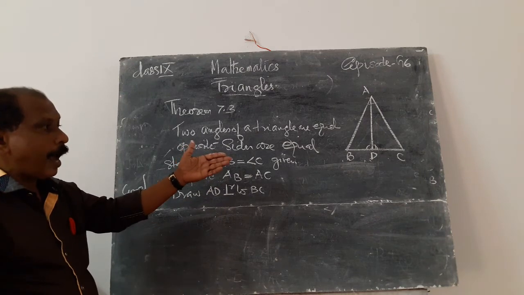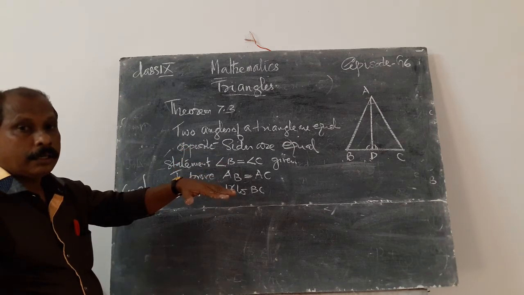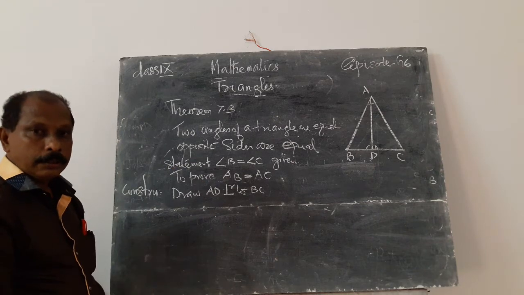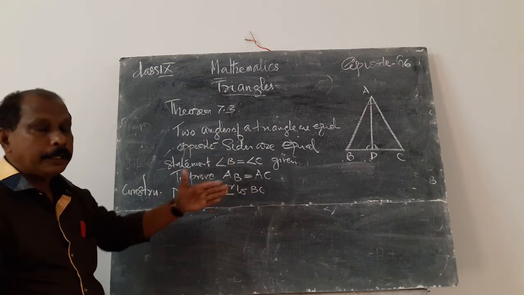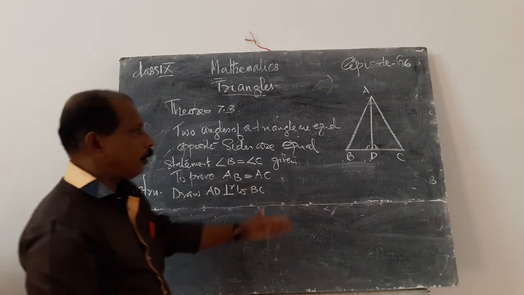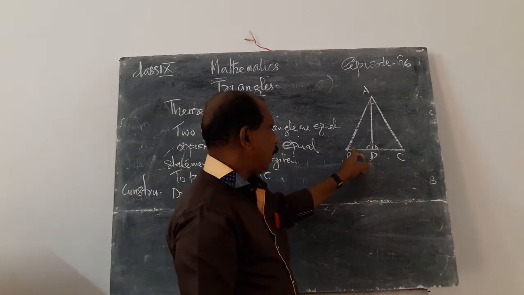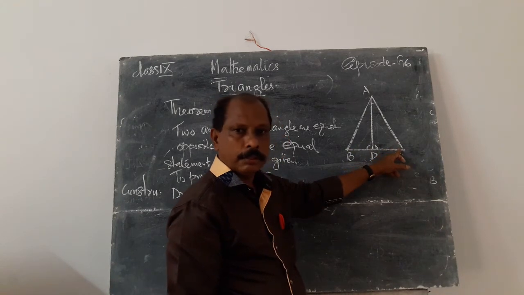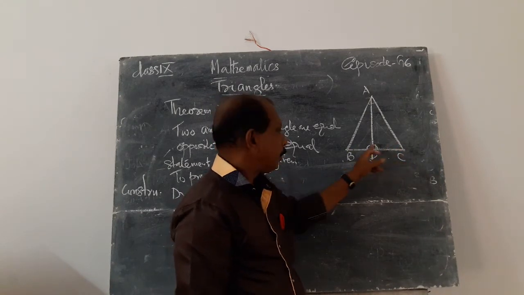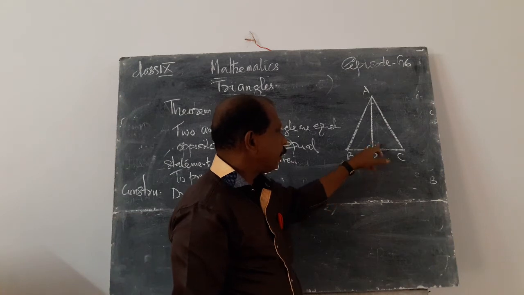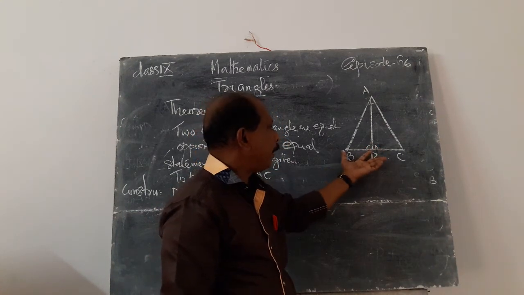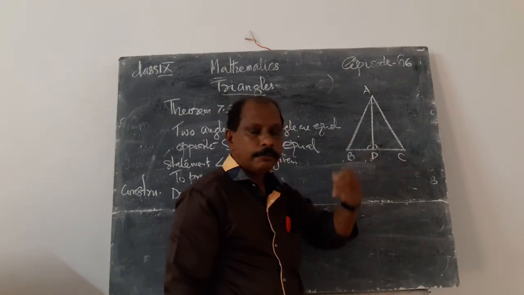The angles are equal. We know that it is isosceles. Therefore, the median AD bisects, so these two angles are equal. This angle is 90. This angle is 90. And BD is equal to CD because of the median.